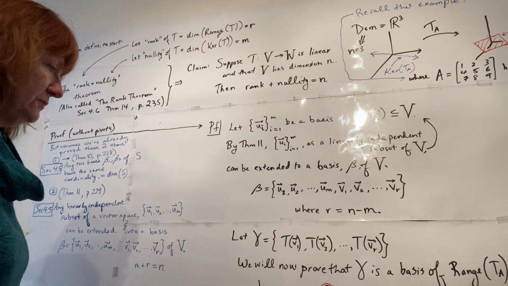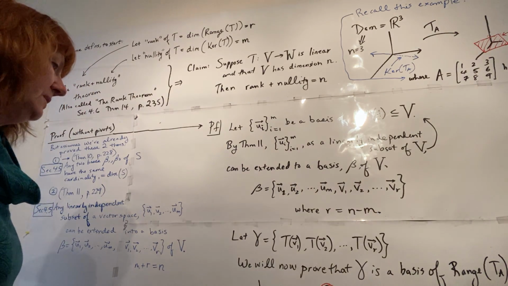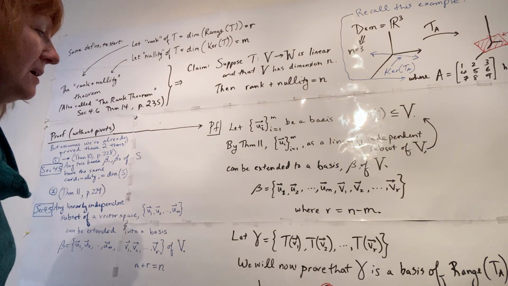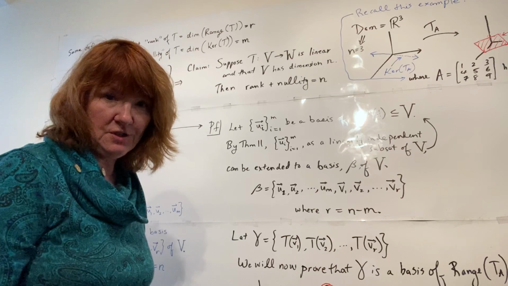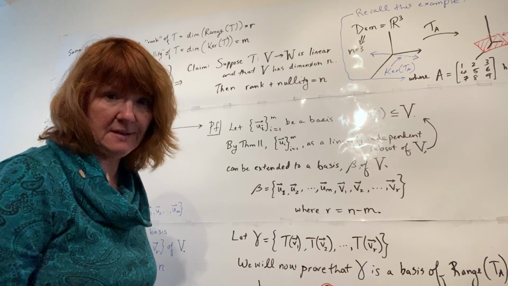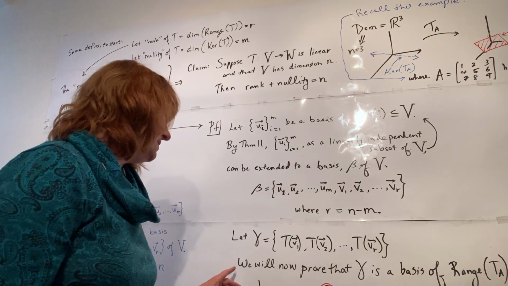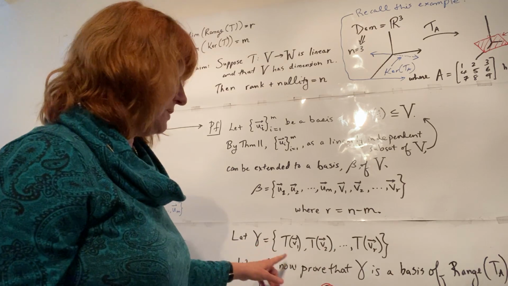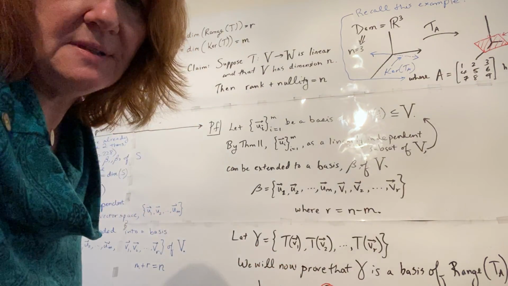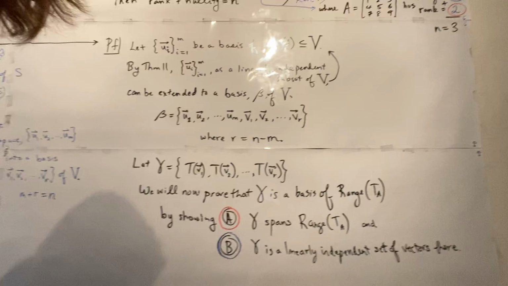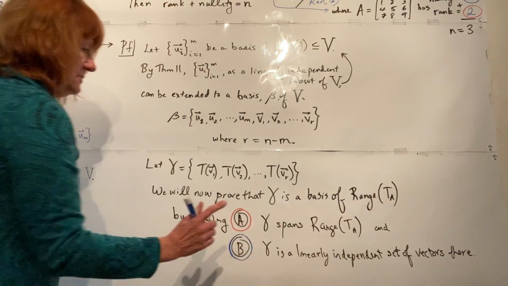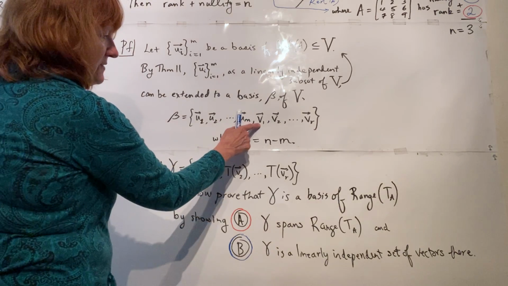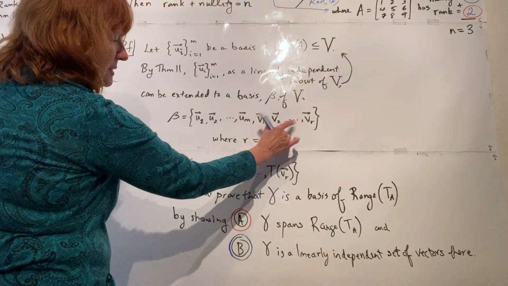What we need to prove is that r is in fact the dimension of the range space. And to do that, we are going to construct a basis. Can you see that here? We're going to construct a basis of the range space using these vectors v1, v2 through vr, but not them exactly.